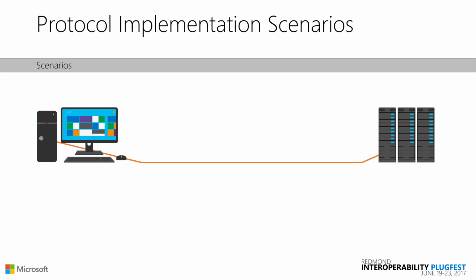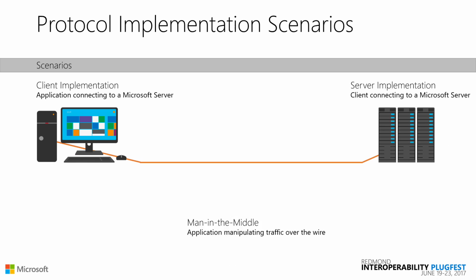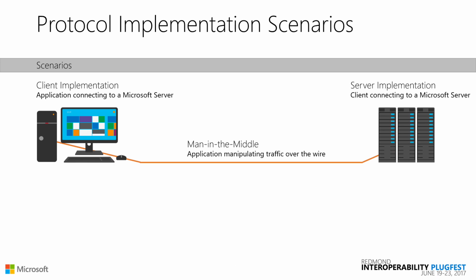scenario here. There are normally three protocol implementation scenarios: client, man-in-middle, and server. For a protocol, the client, following the protocol, creates a request and sends it to the server.